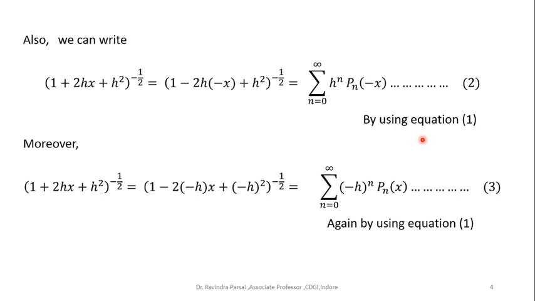Now we might write the same thing in another pattern: 1 plus 2xh plus h square raised to minus 1 by 2, by taking h as minus h, is 1 minus 2 into minus h into x plus minus h whole square. We have the same thing, and this expansion you can also write in Legendre polynomial form as sigma n equal to 0 to infinity minus h raised to n Pn of x, call it 3, again by using equation number 1.